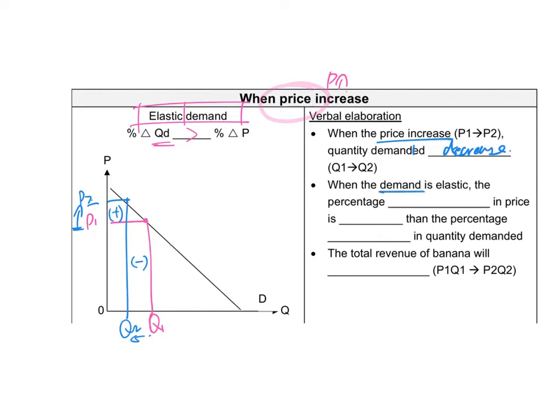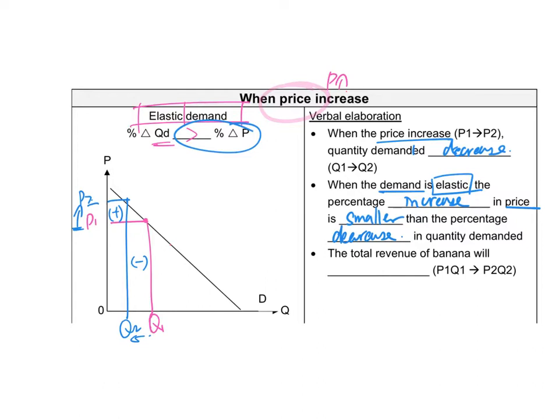After we mention the price and the quantity, we mention the elasticity of demand because we have to talk about total revenue. When the demand is elastic, the definition tells us: elastic means the percentage increase in price is smaller than the percentage decrease in quantity demanded.